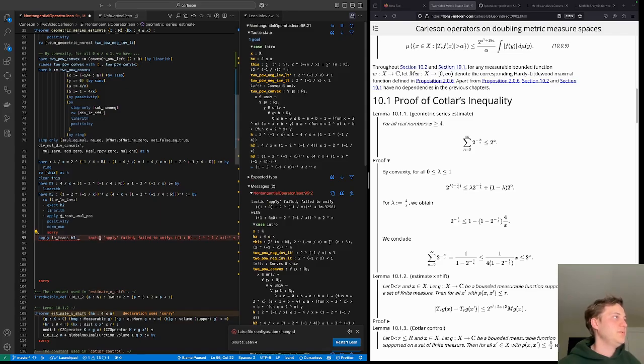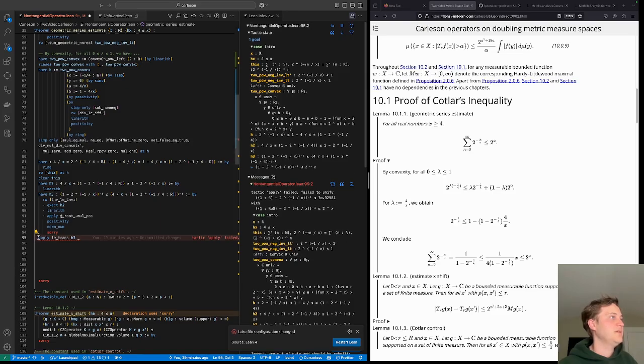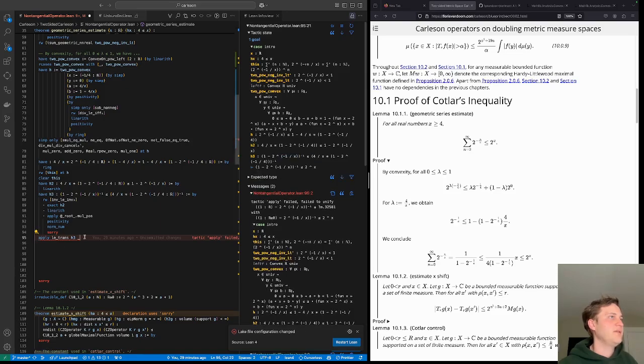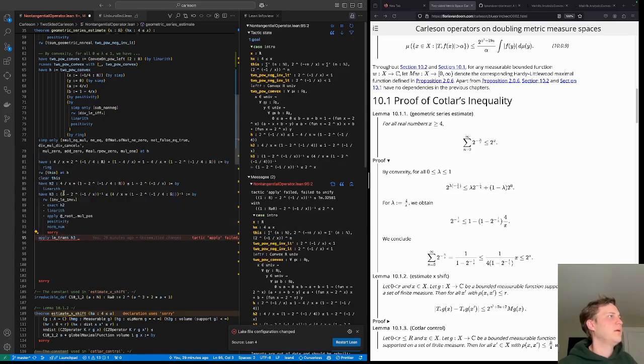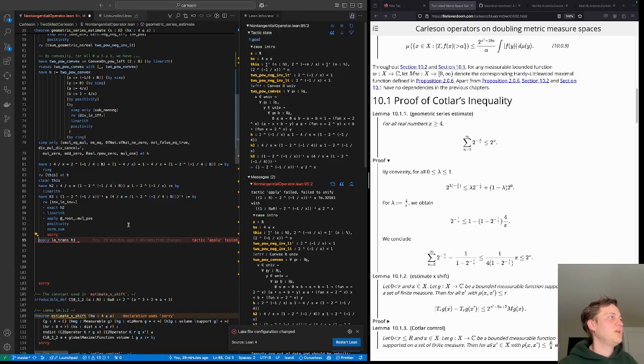But what is the issue? The issue is that in one case R is a real, and in the other case it's a non-negative real. Sorry, it's the 1 that's the issue. Okay, that's a little annoying. 1 is real here, but in my goal, it's a positive. This is not the sort of H sub that I want.